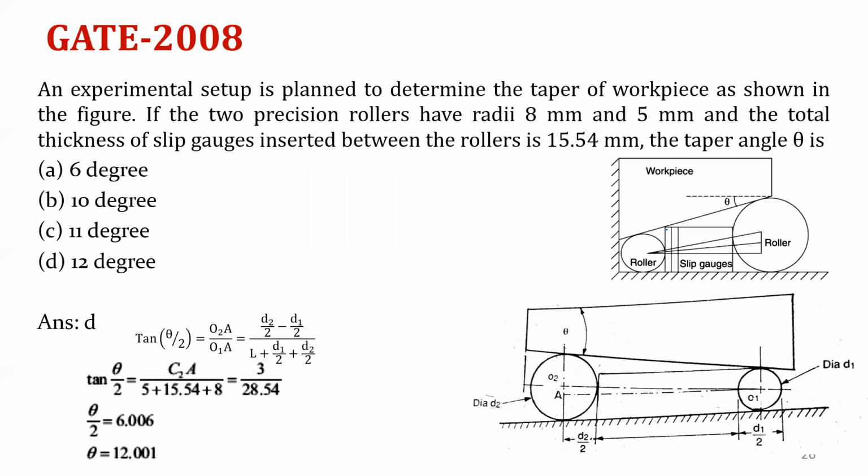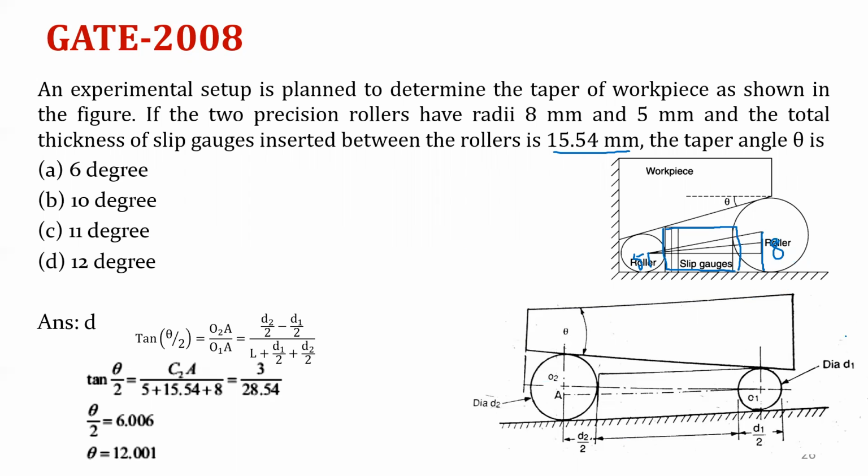So here this is the length of the slip gauges, 15.54 mm, and this bigger roller has radius 8 mm, and this is 5 mm. So we need to find out the taper angle.